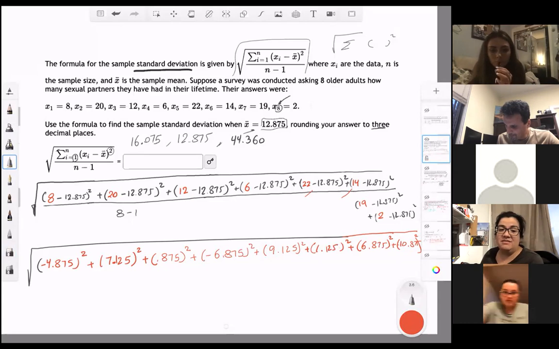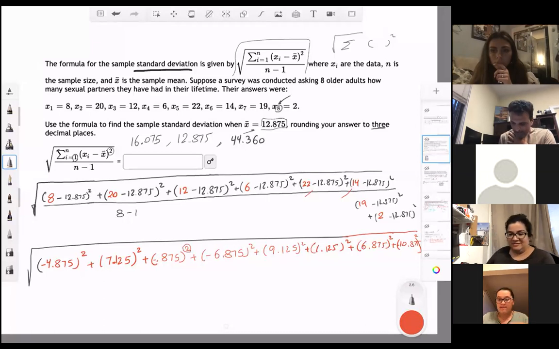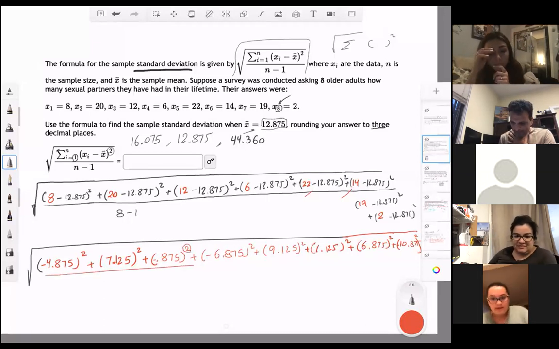Wouldn't it be negative 0.875? For x3, 12 minus 12.875, but because we have a square, we're going to be okay. It doesn't matter. Then everything divided by 7.